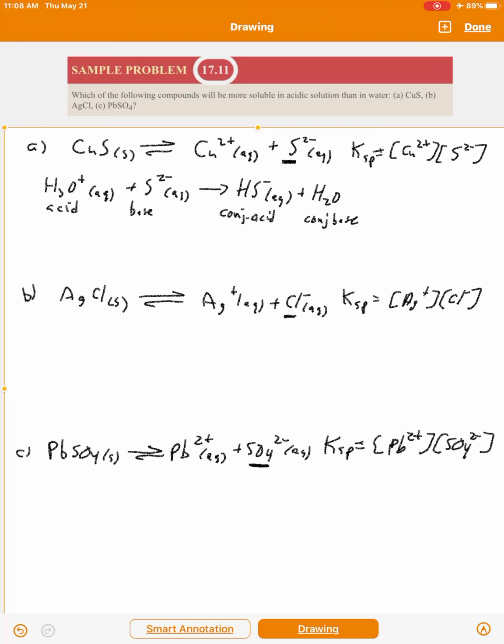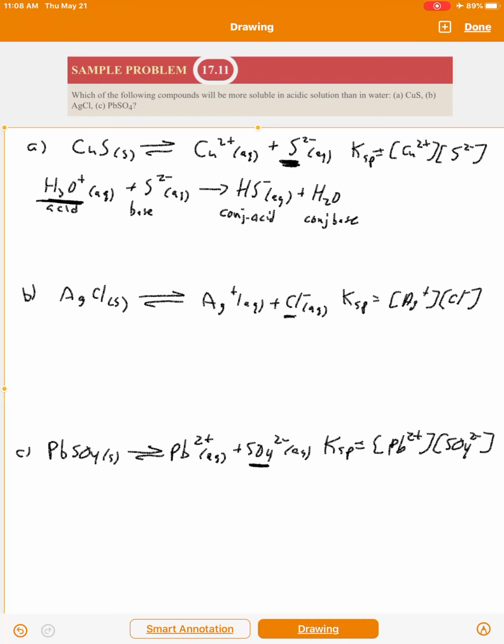So here's the issue. If this reaction does occur, the sulfide concentration will decrease when you make the solution acidic. In this problem, we're making the solution acidic by adding probably a strong acid, for example, hydrochloric acid, which adds the hydronium ion.